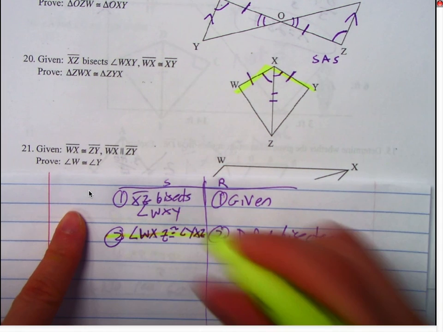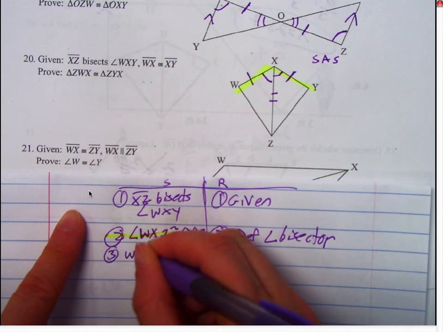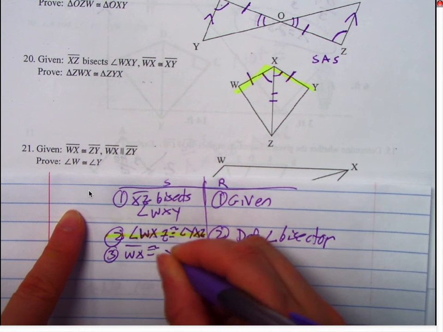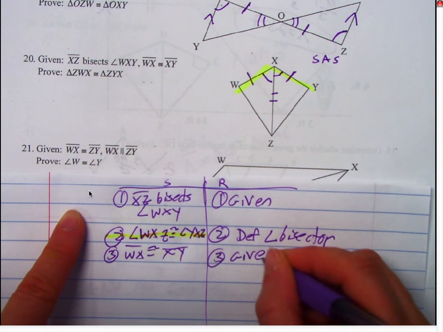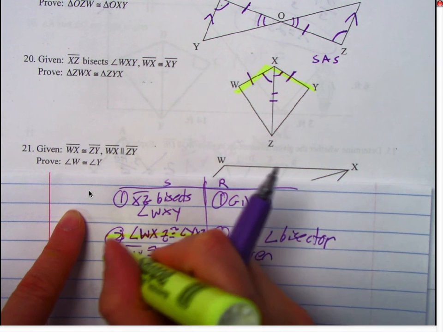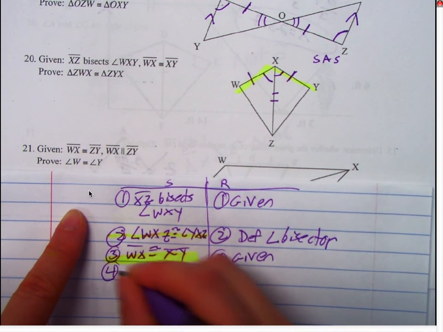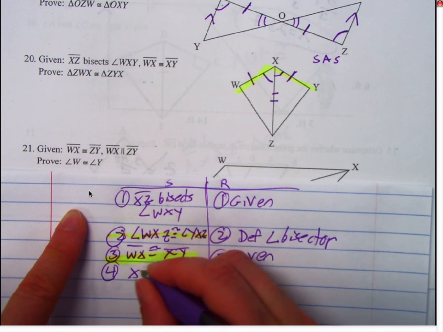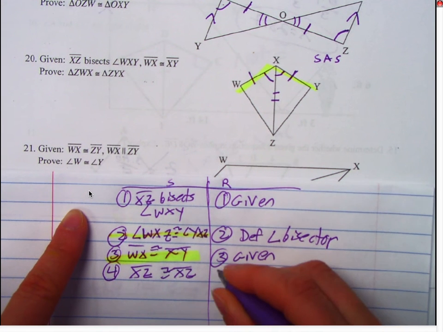Okay, next. I've got WX is congruent to XY by given. Step 4, XZ is congruent to XZ by reflexive.